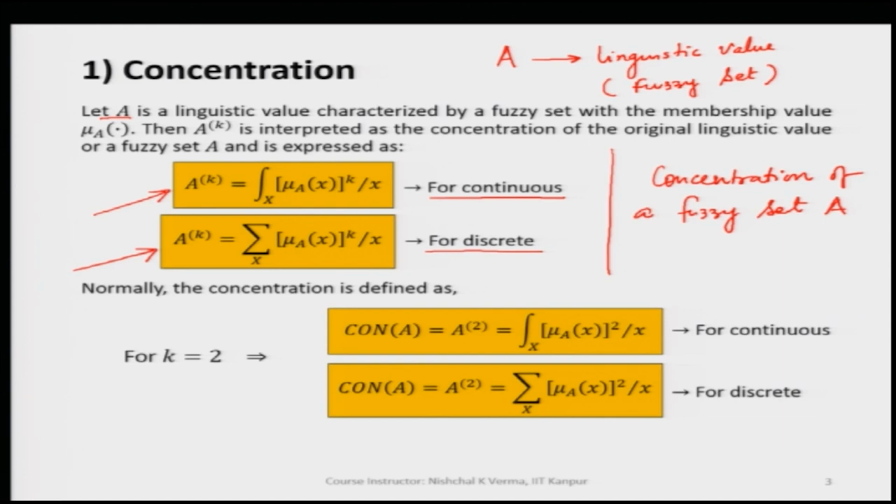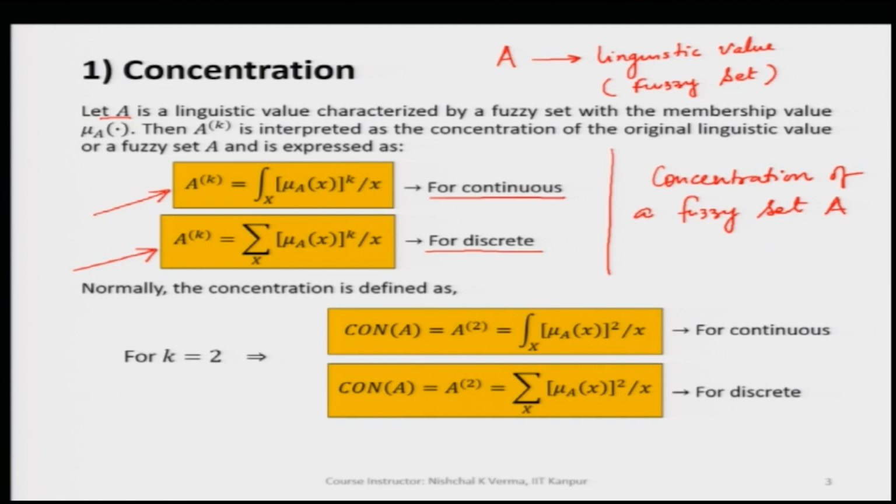In summary, the concentration of any fuzzy set is another set which has its membership functions raised to the power k. Rest other things remain the same: we simply raise the power of the membership function in case of a continuous fuzzy set, and the power of membership values in case of a discrete fuzzy set.